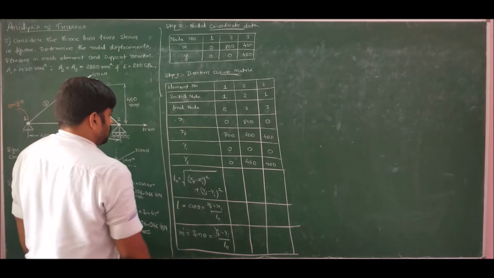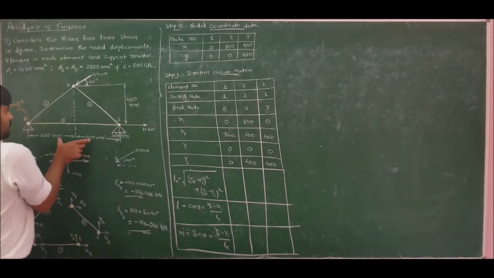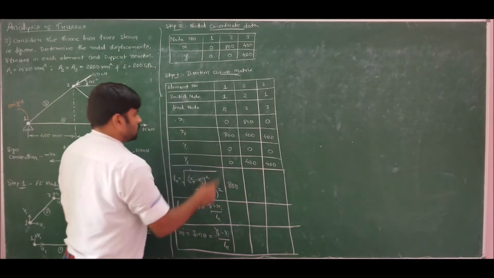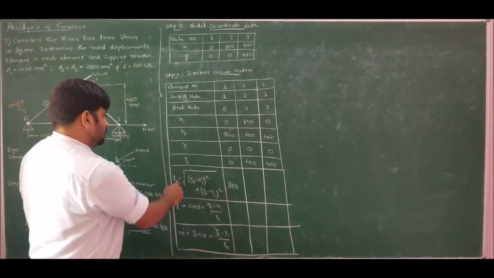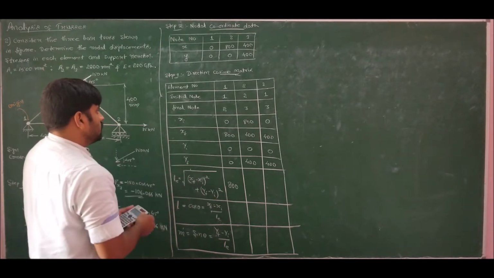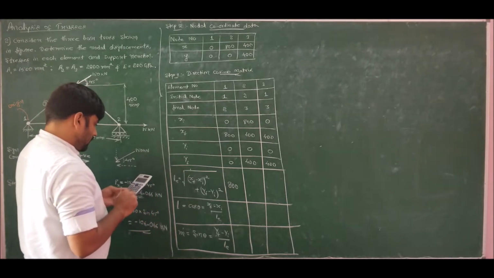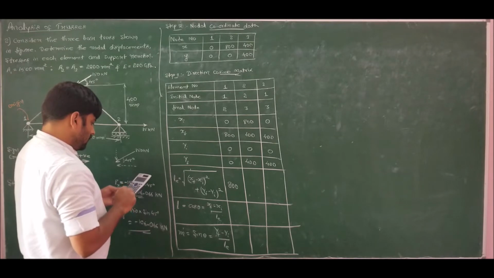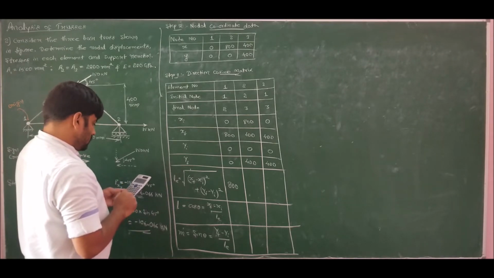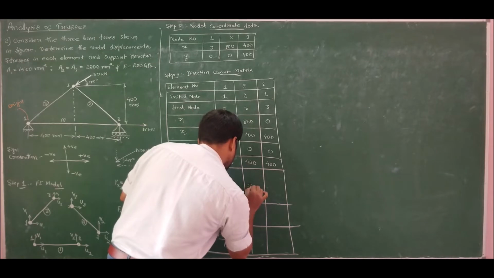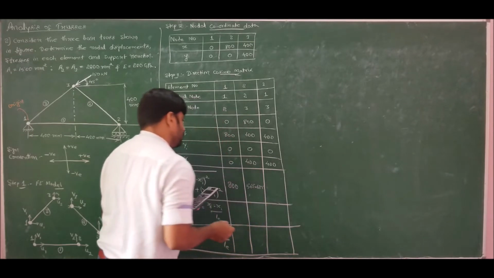Now coming to computing the length of the element, the length of element 1 through visual inspection itself I can state it is 800 mm. That's what I will get from calculating using this formula also. Coming to element 2, length of element 2 will be root of (800 minus 400) square plus (0 minus 400) whole square, which is nothing but 565.685 mm.